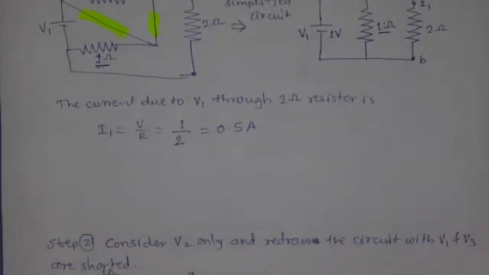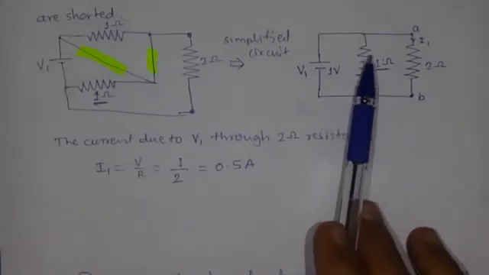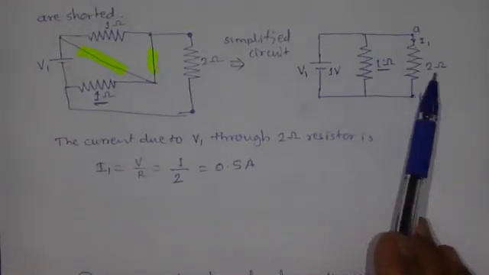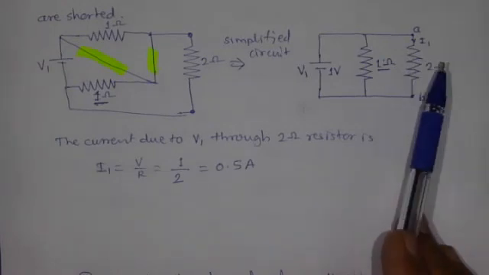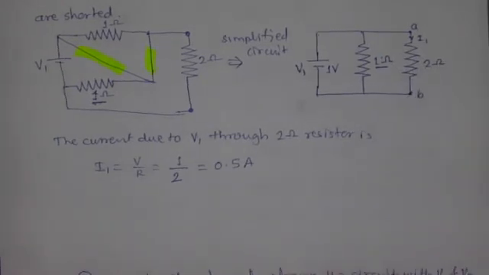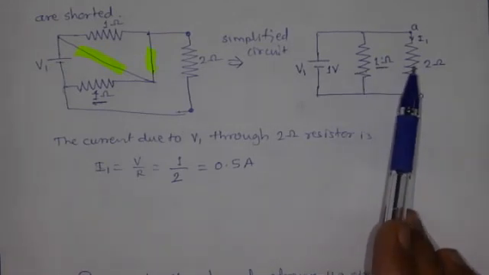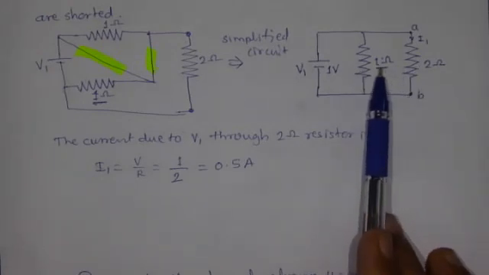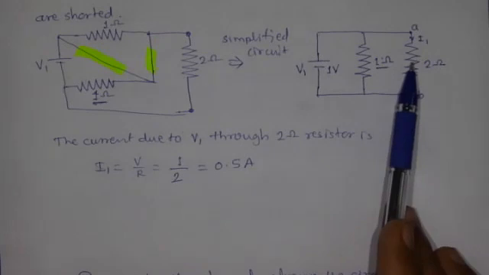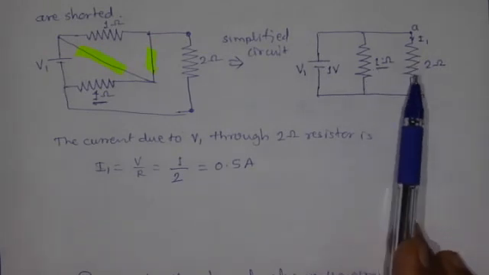Now if someone says that we should find the current flowing through this 2 ohm resistor by using the parallel branch theorem, that is also possible. Firstly, we make the parallel combination, and the equivalent resistance is 2 into 1 divided by 2 plus 1, which is 2 divided by 3.